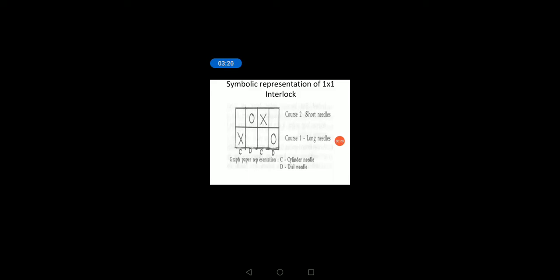And 0 is nothing but first of all a face, back and face, and it is a back, and next it will be back and face and back and it is face. So this is the symbolic representation of the short needles and the long needles, and it is a diagram representation, knit wise, course wise, dial wise and cylinder wise. The first one, the dial, is showing the face side, and the second one is the back side. And in the second diagram of the knit course, it shows the face side and then the back side.